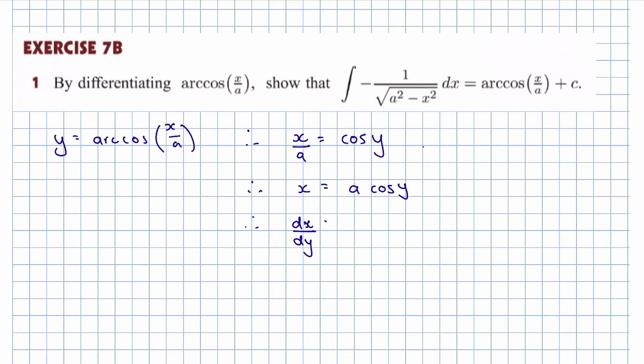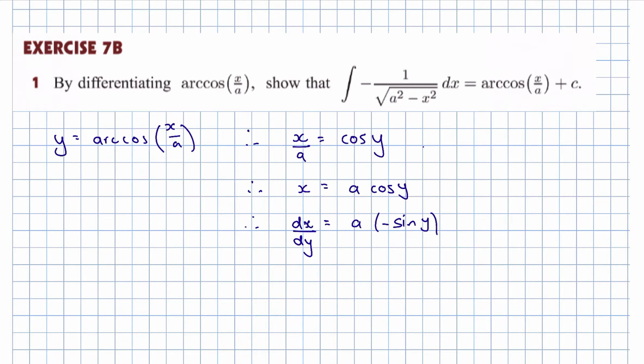If I want the derivative of a being just a number, a constant, it doesn't affect the derivative, we just leave it out the front, and the derivative of cosine is the negative sine. So we're going to have effectively a lots of the negative sine of y. Okay, that's what dx dy equals.